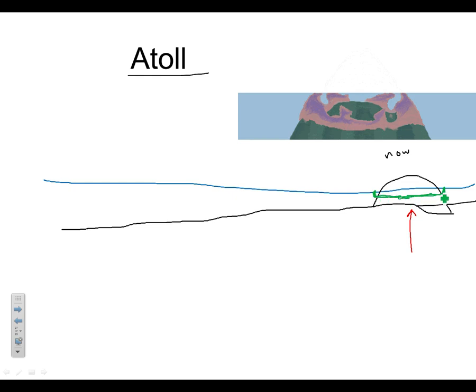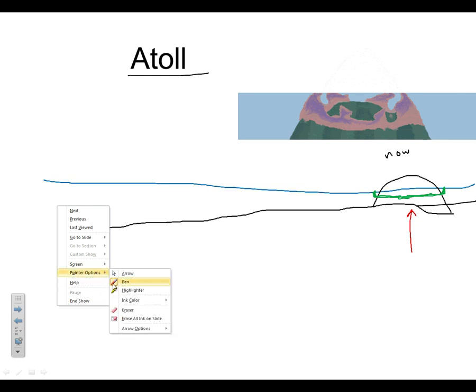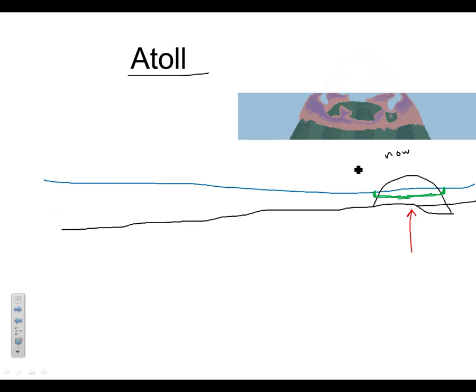Okay, so there's my ring of coral that's going around this volcano. Again, in the future, this volcano is going to be dragged off the hotspot by the plate. So again, if I do the same thing, let's go 1 million years in the future. Now my volcano, I'm going to put it just barely above water like that.